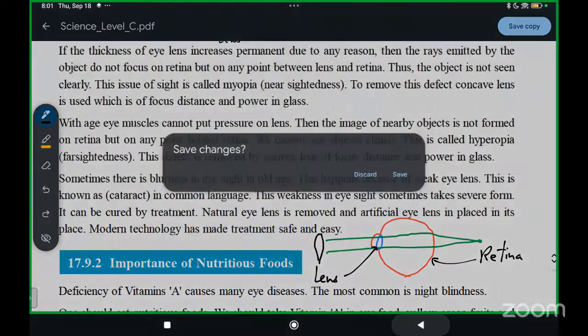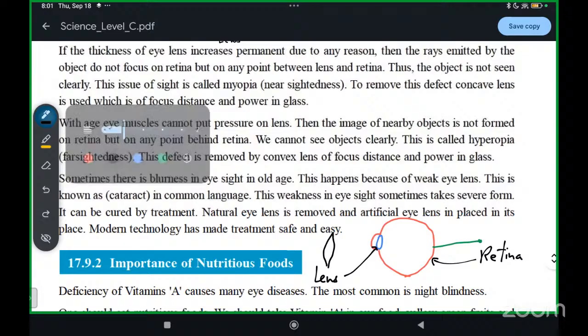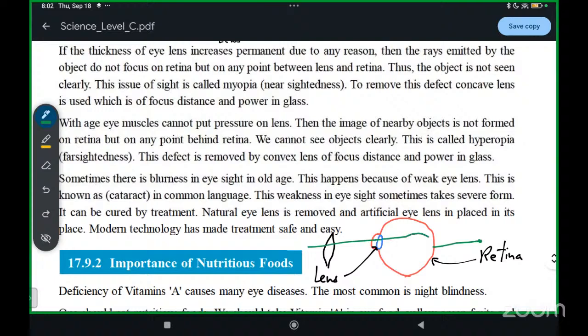So then the image will be formed like this. Then the image will be formed on the retina. Okay.